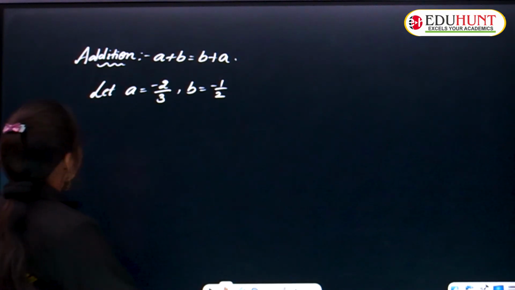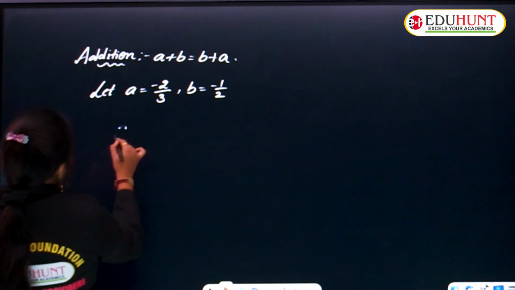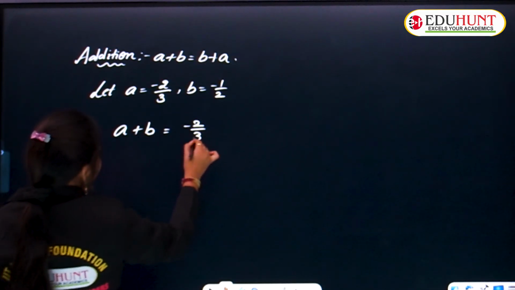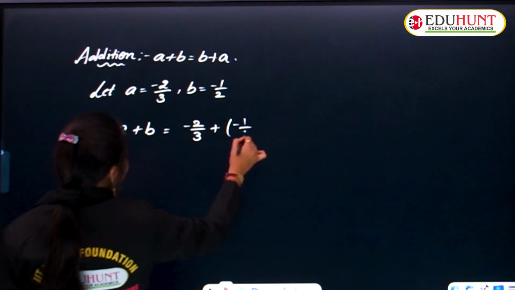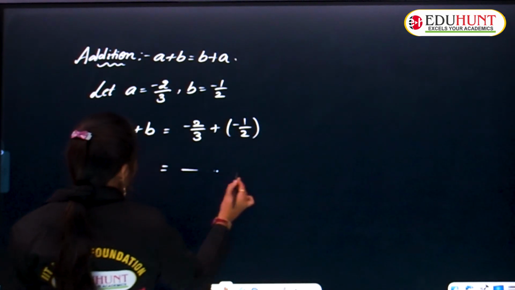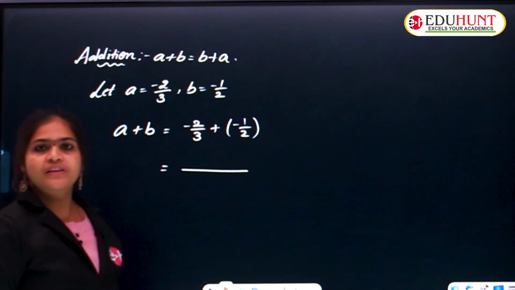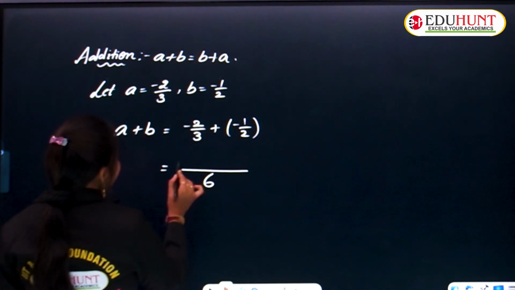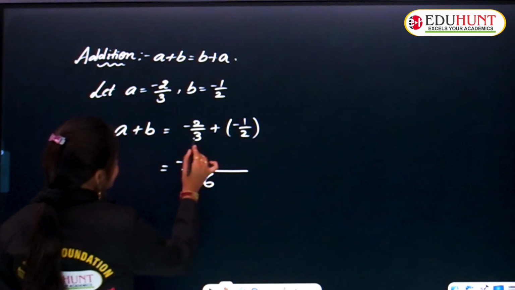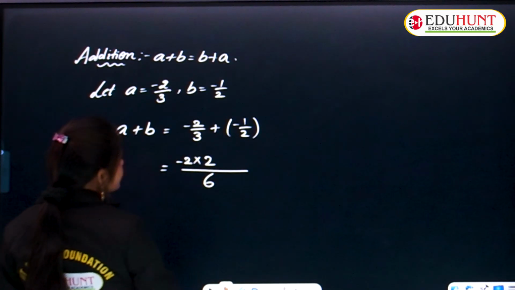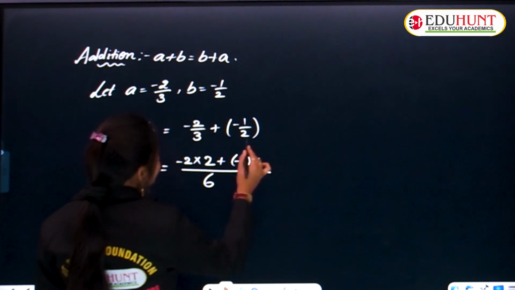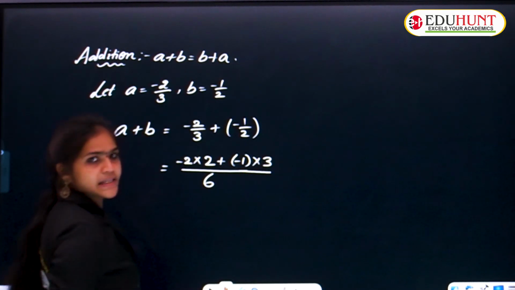Just see that. Okay. Now here a plus b is equal to minus 2 by 3 plus minus 1 by 2. Now what is the LCM of 3 and 2, ma? The LCM of 3 and 2 is 6. Minus 2 into 3 is 6, plus minus 1 into 2 into 3 is 6.